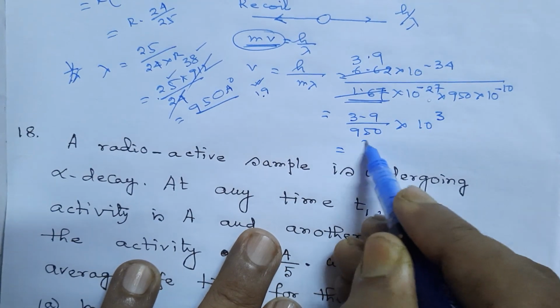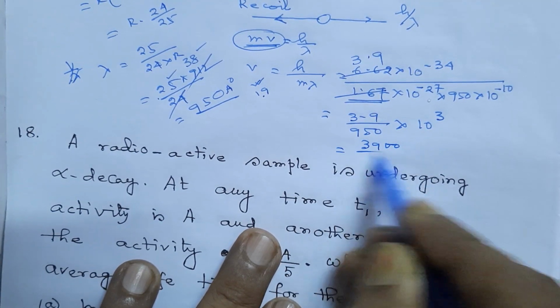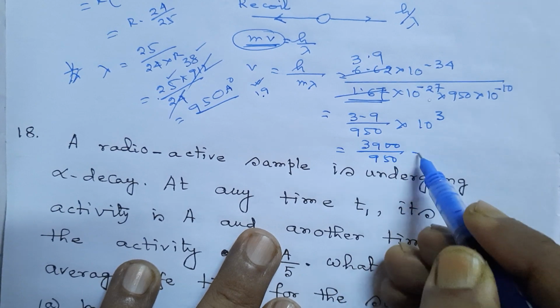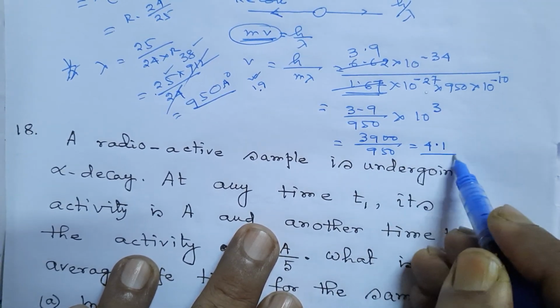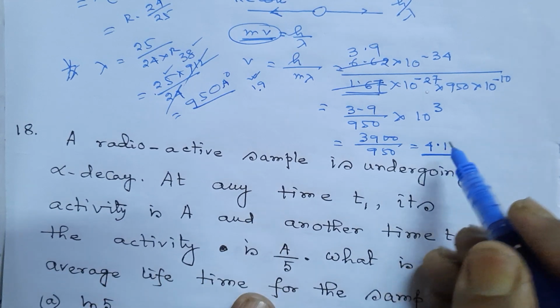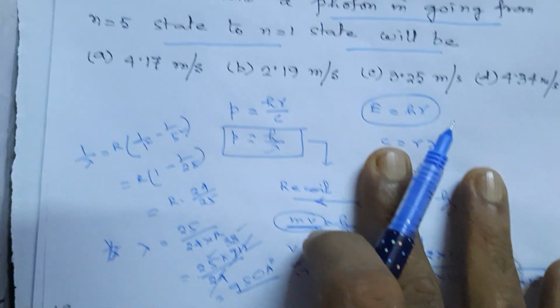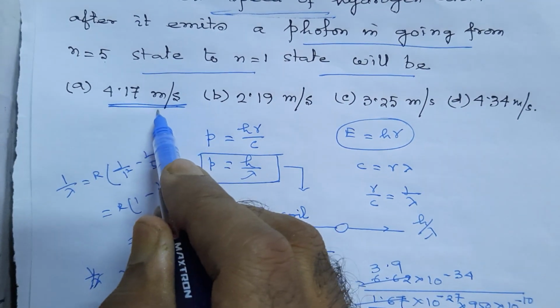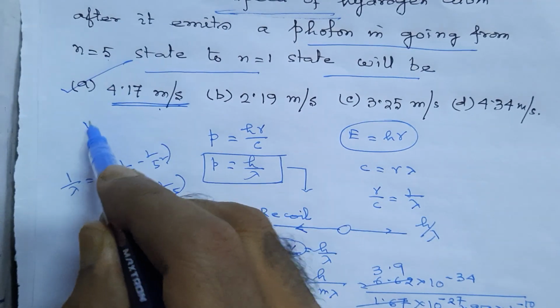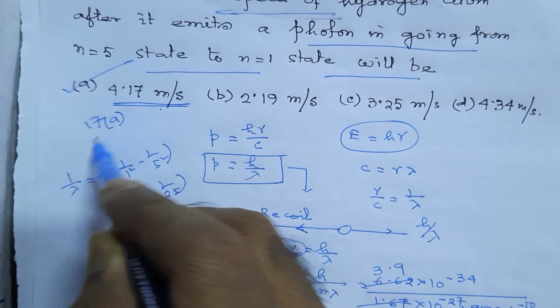So 3900 by 950 is nearly 4.1, and the option in that range is 4.17 meter per second. So the correct answer of question number 17 is A.